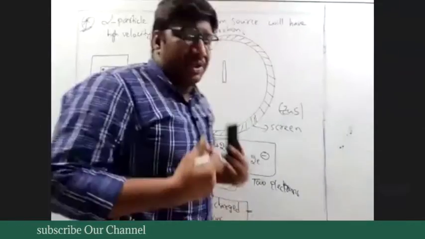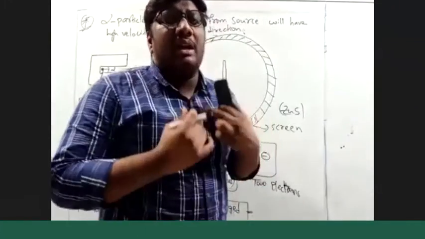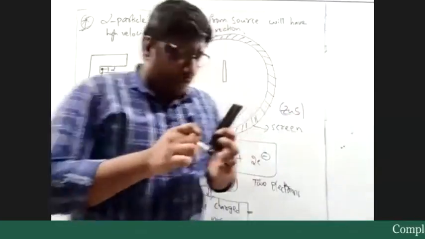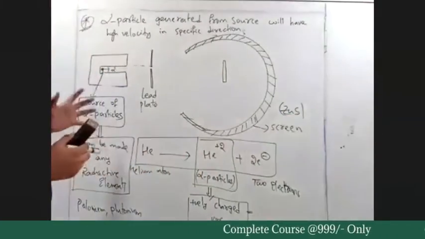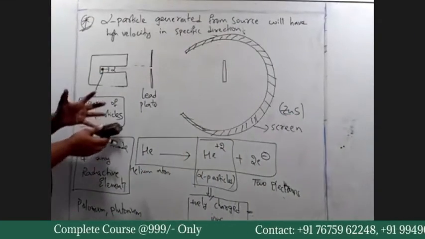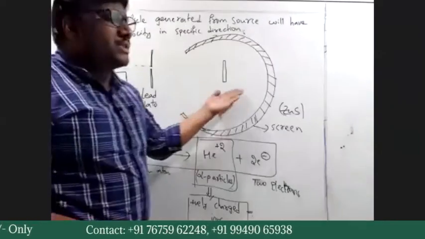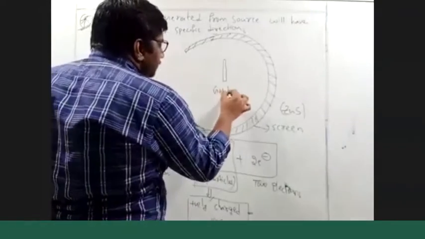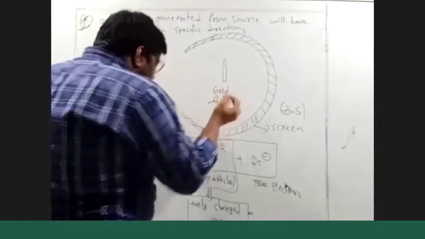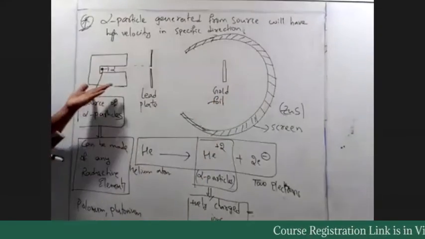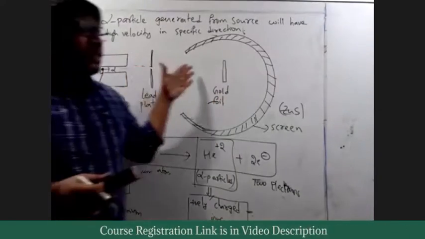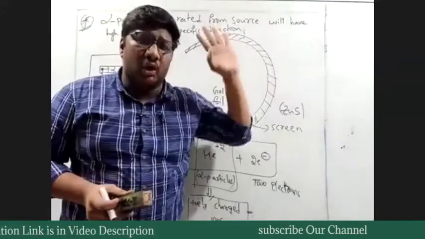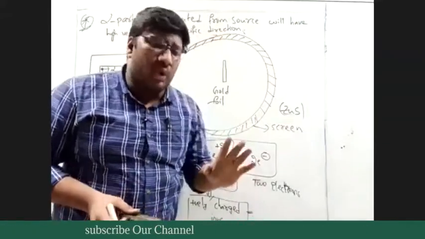But what do we want? Our goal is straightforward. We want to pass the alpha particles through this gold foil. This is our gold foil. Our goal is simple. For that, what are we going to do?